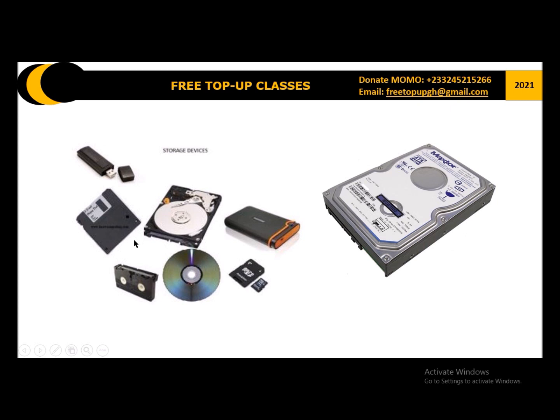When you open this, this is what you will see. You see, we've opened it, and you can see the disk there. That is where data will be stored, and we have the header that reads what is stored here.